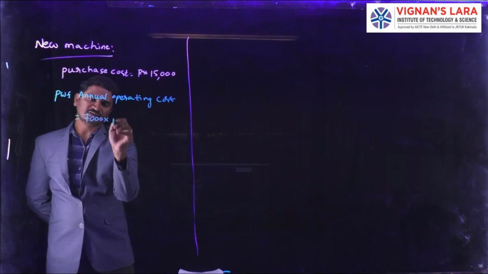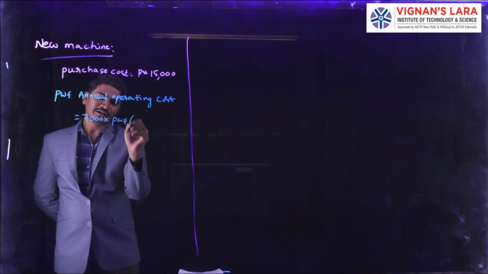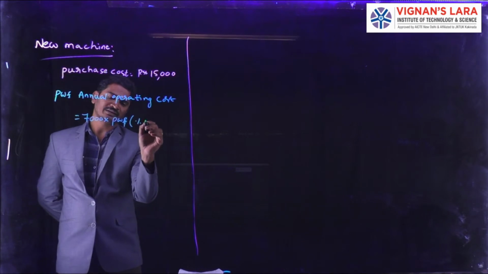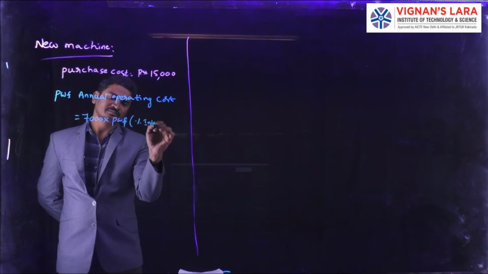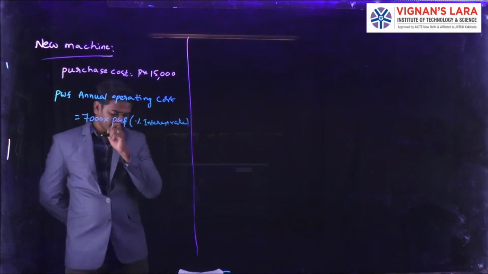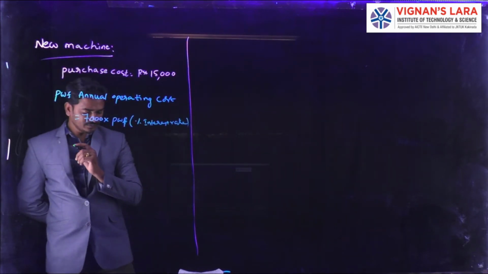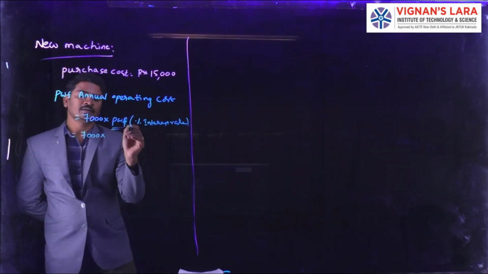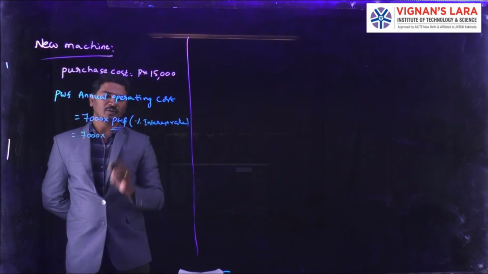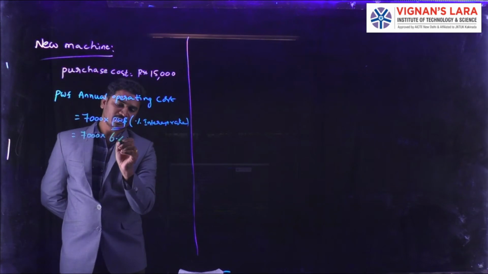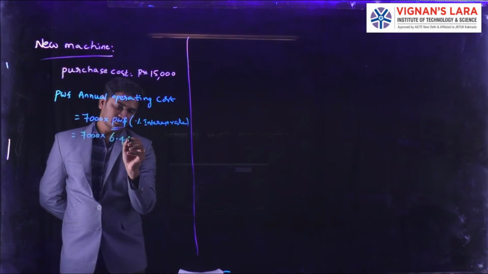7,000 into the present worth factor with an interest rate of 5%. For 5% interest rate, after calculation we get 6.4632.